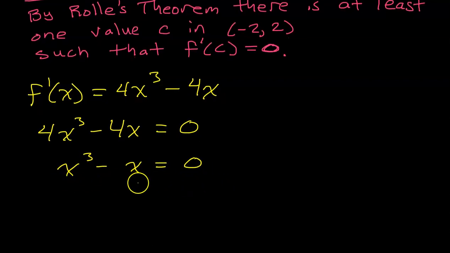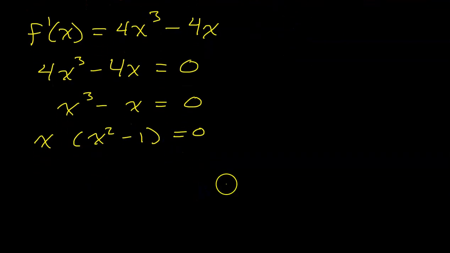Now we want to factor out the GCF, which is x. So we will have x times (x squared minus 1) equals 0. Using the zero product property, we'll set each one of these factors equal to 0. And right away we get x equals 0. So that's one solution.